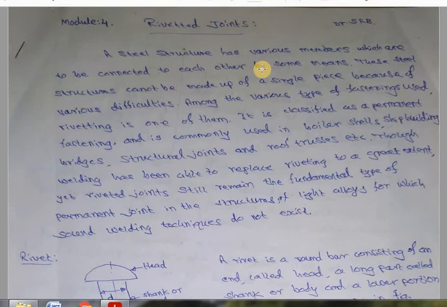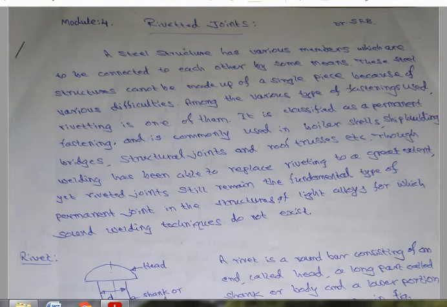So this is what we call a structural joint. You can join one plate with another for structural requirement using a riveted joint, which is called a permanent type of joint. So structural joints are connected by means of riveted joints.